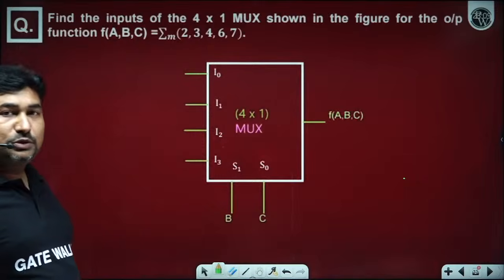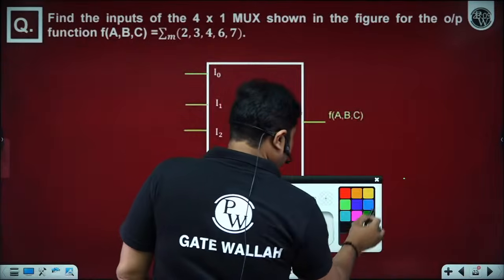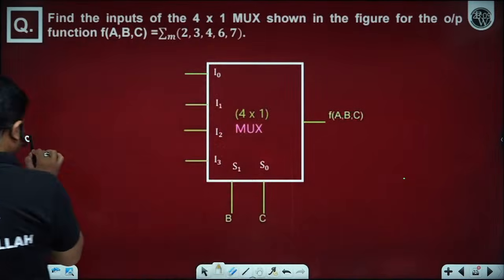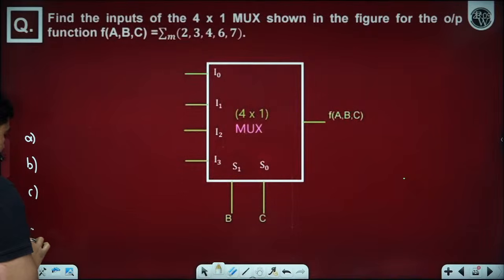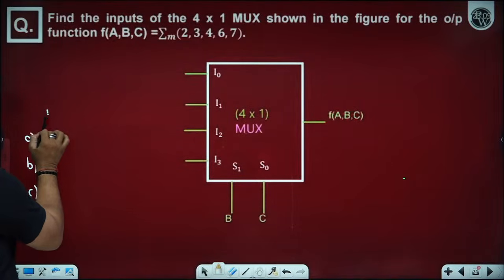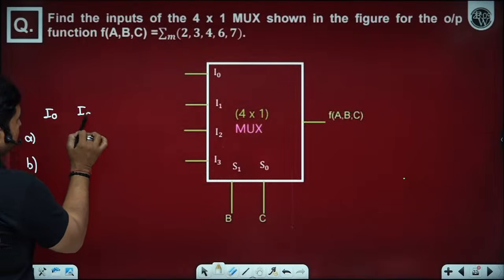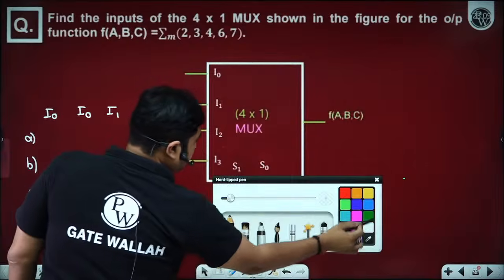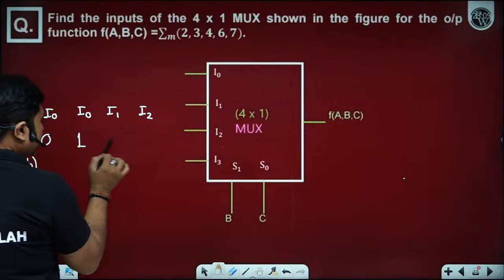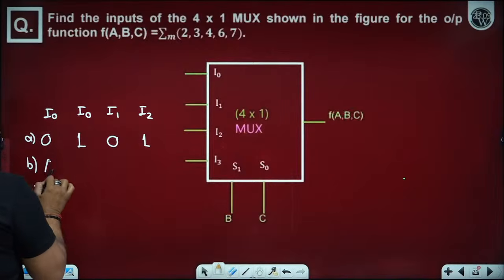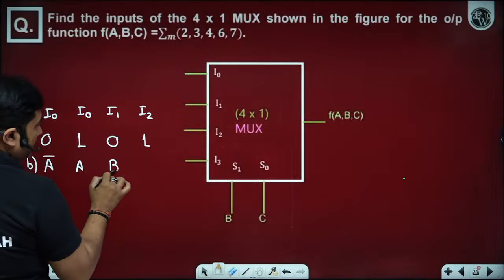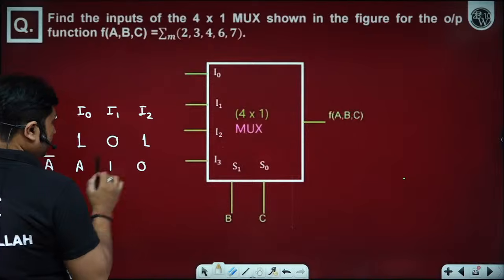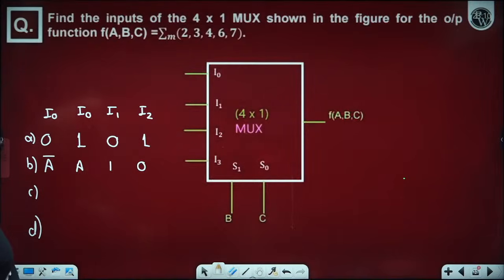Can you answer this question? We have A, B, C, D. I'm just writing the options you have to select. Please let me know which of the following is correct: 2, 3, 4, 6, 7.